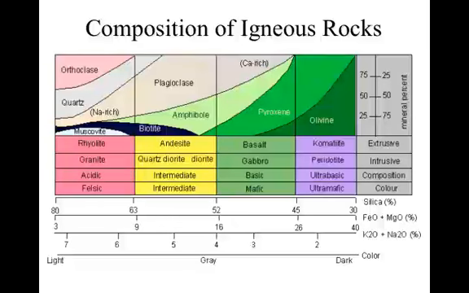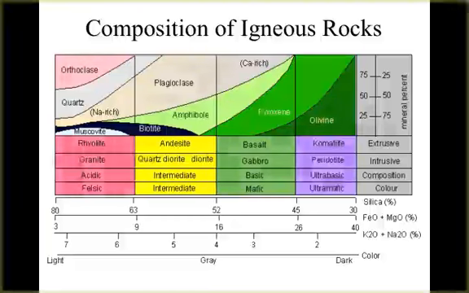I like this diagram because it is a good way for you to visualize the minerals that are common in plutonic rocks, and that you should expect to see more of for any given composition of the plutonic rock that you're looking at. Let me explain the diagram first. Over on the right-hand side, you see mineral percent.